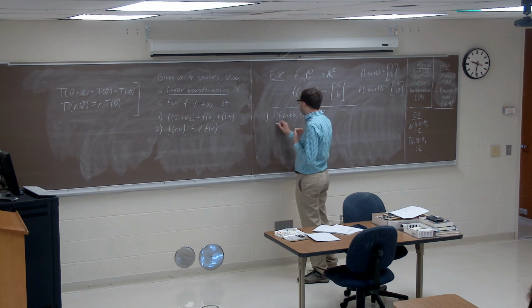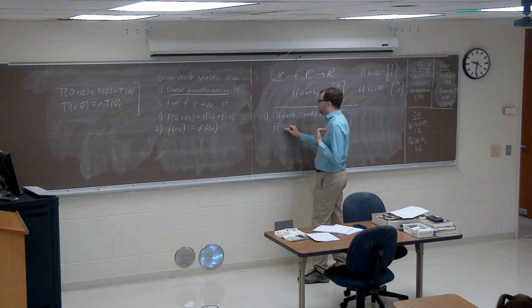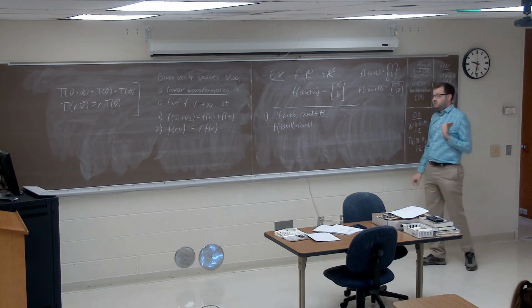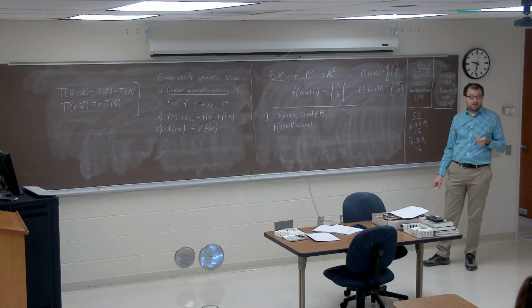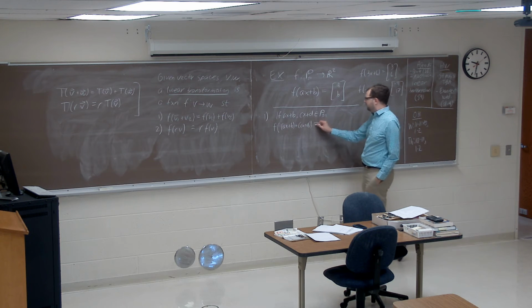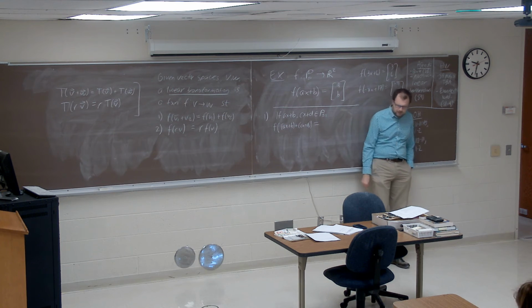What we would get is f of the sum, ax plus b plus cx plus d. And we need to see what we would get if we evaluated this, hopefully the same thing as f of ax plus b plus f of cx plus d. So, how would I evaluate this?